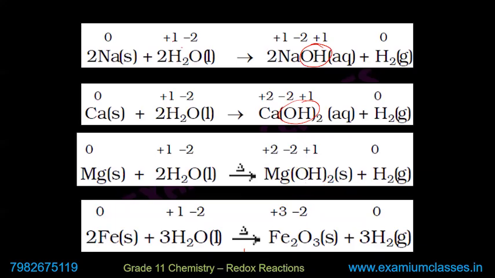In the last one, hydroxide is less stable than oxide, so that's why it is oxide. So it depends on how soluble it is. Depending on the solubility, the product might differ. In these three, oxides in water convert to hydroxides. In the fourth one, the oxide doesn't get converted because it is not that soluble.